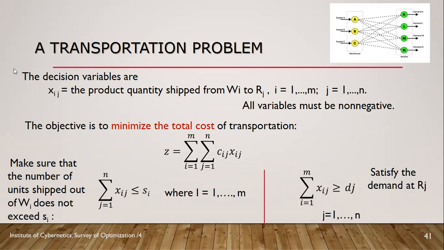In general, the transportation problem is formulated using the decision variables defined as the product quantity shipped from a warehouse I to a retail location J. Definitely all variables must be non-negative.